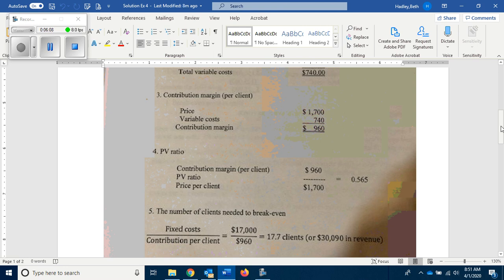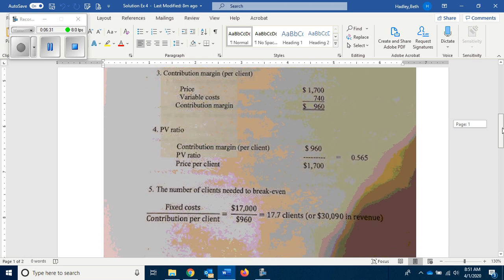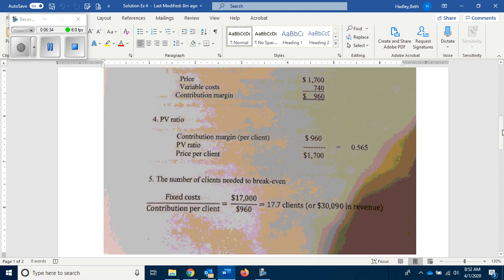Okay, so the next one, part 6, the number of clients needed if Parkway wants to generate a $5,000 profit, because nobody wants to break even. You want to at least break even, but you want a profit as well. Hopefully you remember what the formula is. If you want a profit, then you want the contributions per client to actually cover the fixed costs plus your projected profit.